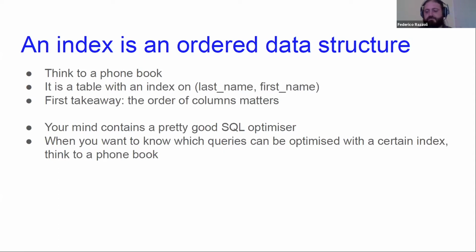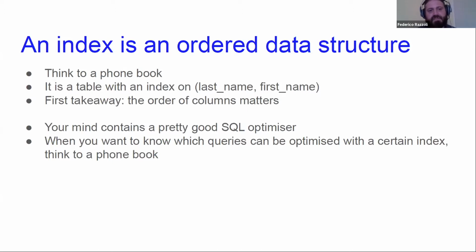You look at maybe the last or the first person in that page, and then you decide if you have to try again in the left portion of the pages or in the right portion. And it's actually how database indexes work from a conceptual point of view.